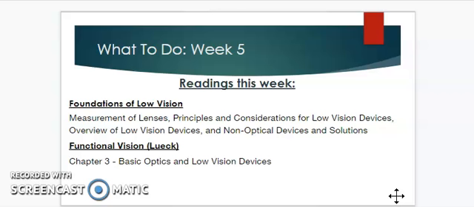It's all about measurement of lenses, principles and considerations for low vision devices that you would have to recommend for your students in school, and an overview of low vision devices and non-optical devices and solutions. There is also chapter 3 of LUEC attached in Canvas this week, which is the basic optics and low vision devices.